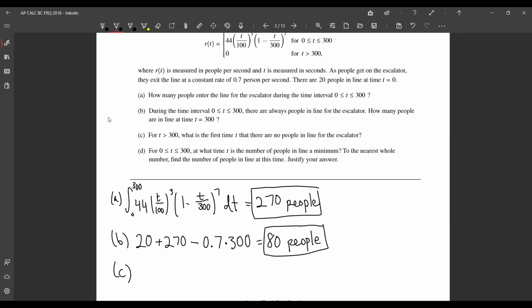Okay, so now as there are 80 people, where is the first time the line is empty? So t will equal 300. After 300 seconds, no one is joining the line anymore, so you only have the 80 people there, and those 80 people are going to leave the line at the rate of 0.7 people per second.